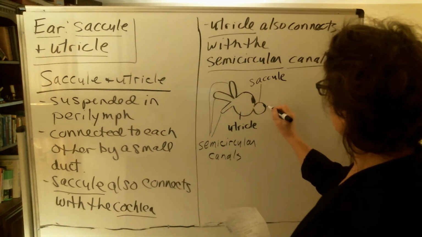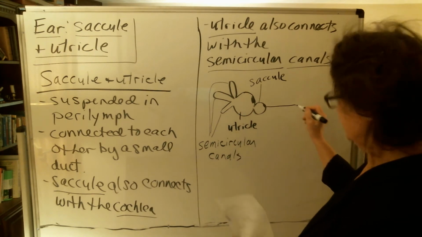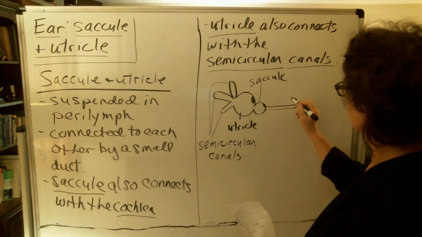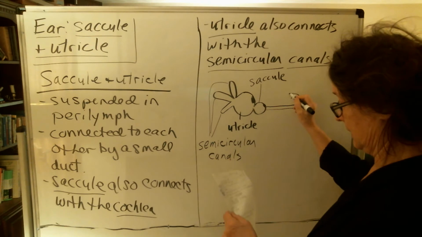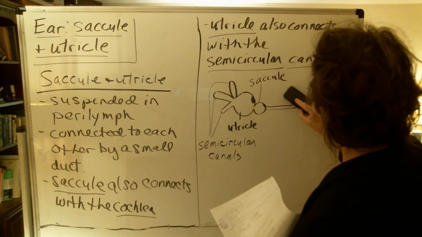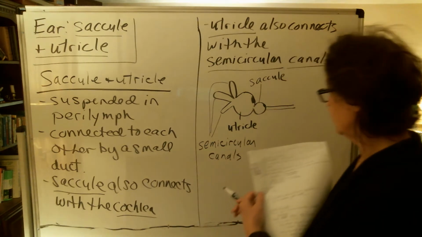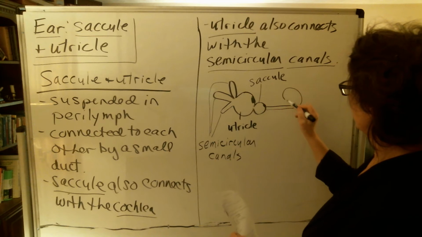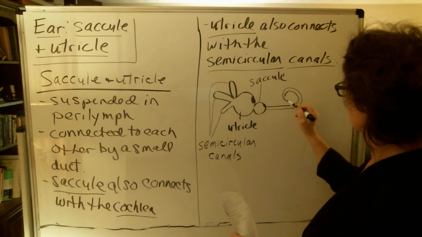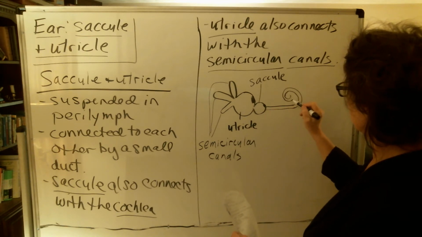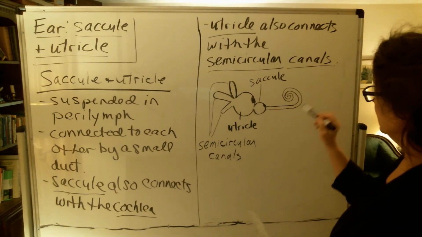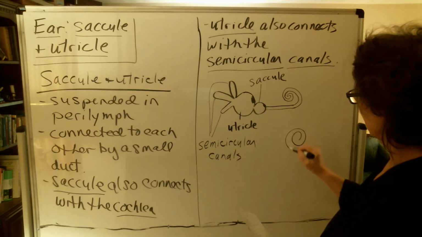And then coming off of that is this great snail-shaped tube, which I am not going to try to draw as tightly wound as it really is, but the point is we have this great spiraling cochlea deep inside us, which is ordinarily all the way tightly wound like this.